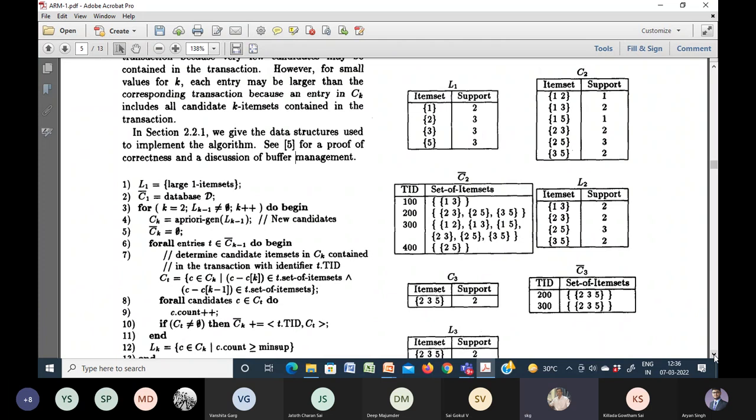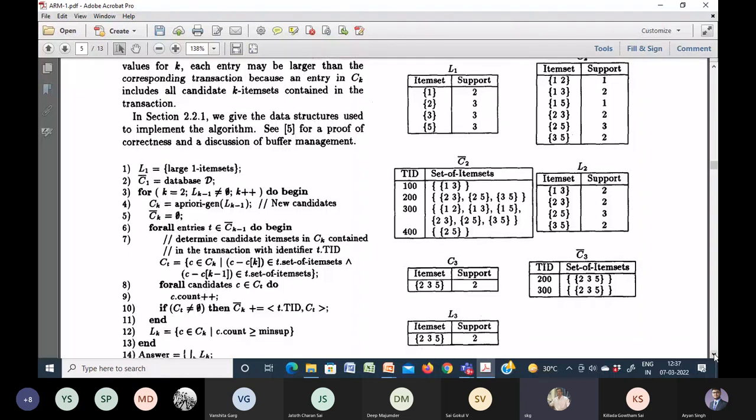If we want to associate it with the transactions, they are 200 and 300. These are the two transactions which need to be accessed for this 3 item set, and there is a support of 2 for this.